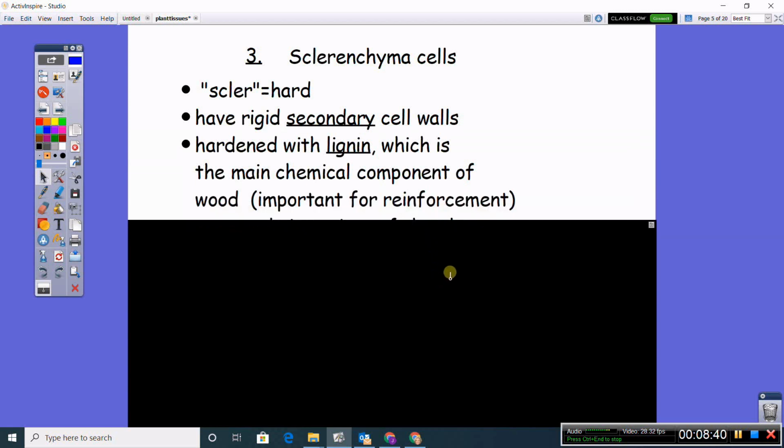These cells are hardened with a substance called lignin, which is one of the chemical components of wood, and that's going to be very important for reinforcement. That's also going to contribute to their more rigid structure.